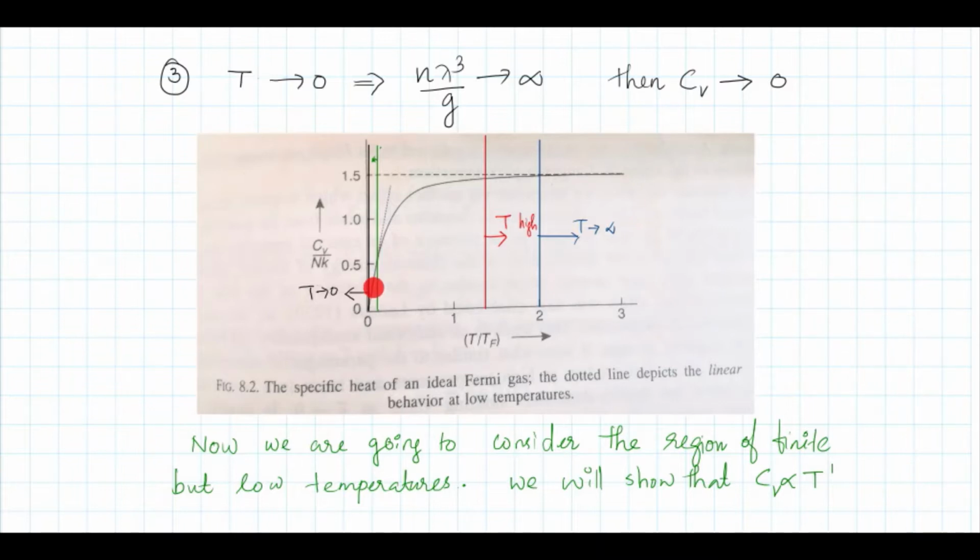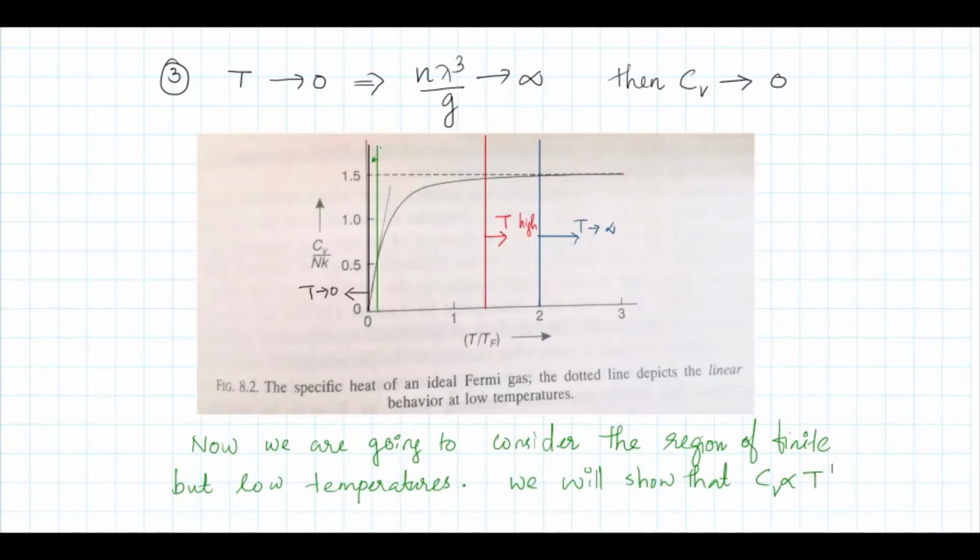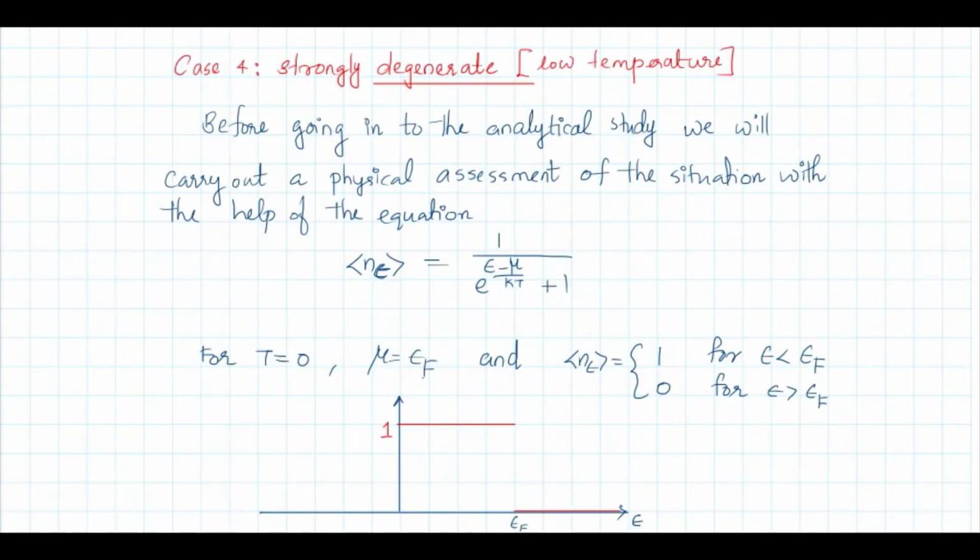That is our aim: in the low temperature region, the specific heat capacity of Fermi gas is proportional to the first power of temperature. This case is case 4 and it is known as strongly degenerate. The case when T tends to 0, we call completely degenerate, and the low temperature case we call strongly degenerate.